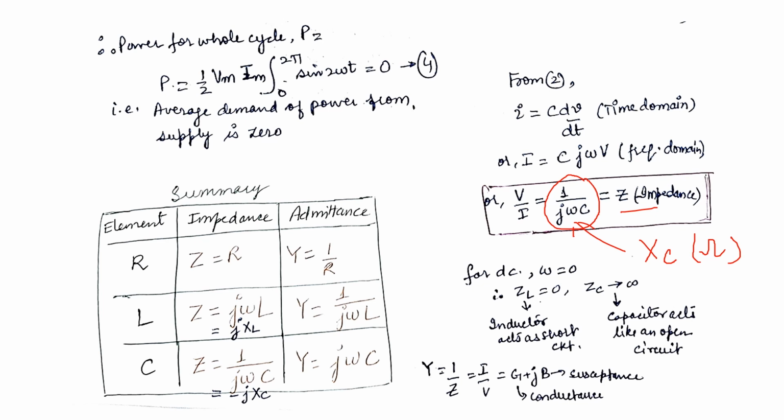For this circuit, the impedance is 1 upon j omega C.